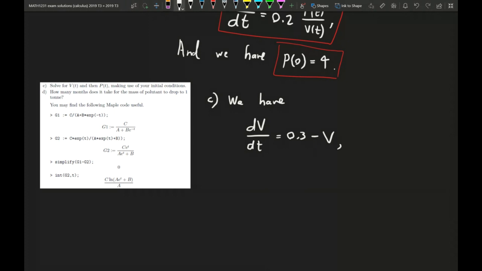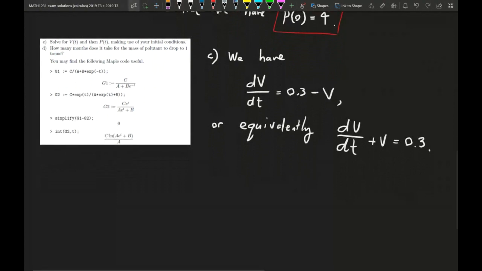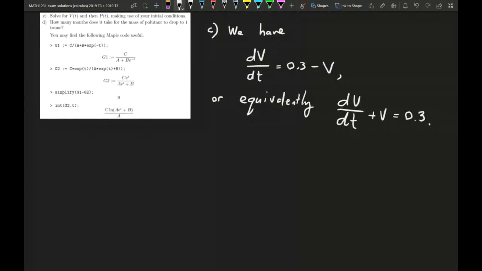Let's find the integrating factor. To do that, I need to rewrite it. Equivalently, you can rewrite it as dv/dt plus v is equal to 0.3. So we have a fairly standard technique for solving these. There's something known as the integrating factor.